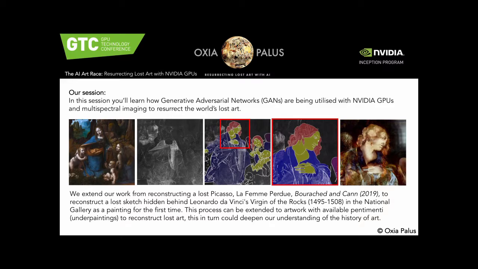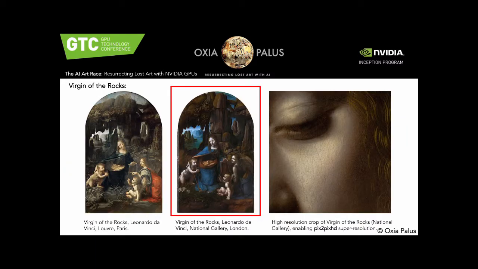This process can be extended to other artwork with available pentimenti, or underpaintings or sketches that have been painted over to reconstruct lost art, which we believe could deepen our understanding of the history of art.